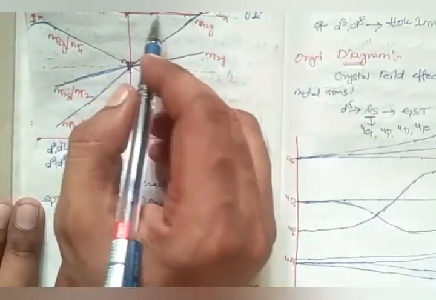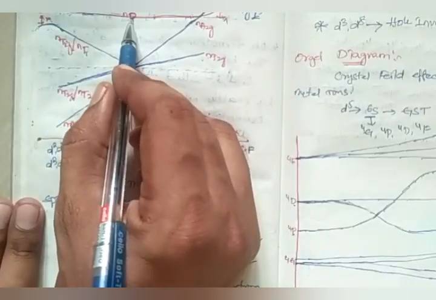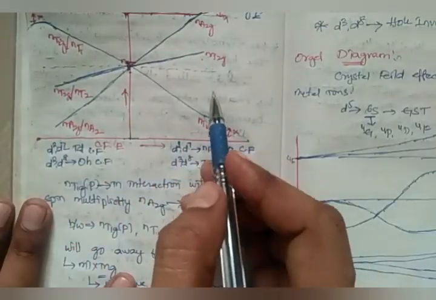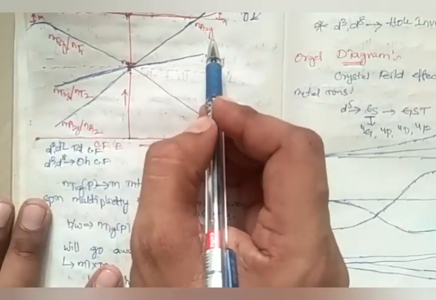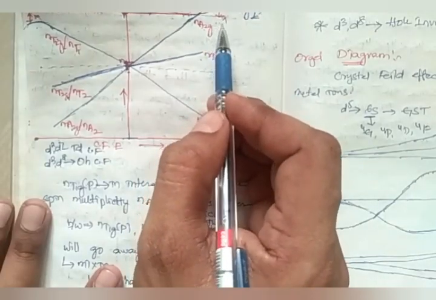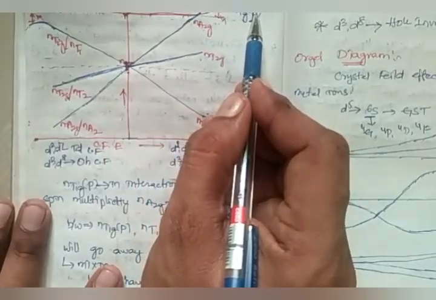It has a curved line. The curved line of the P term is due to interaction of A2G of the F term with T1G of the P term.